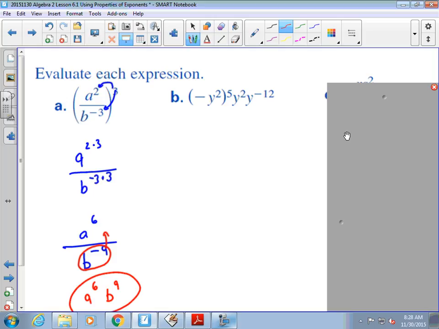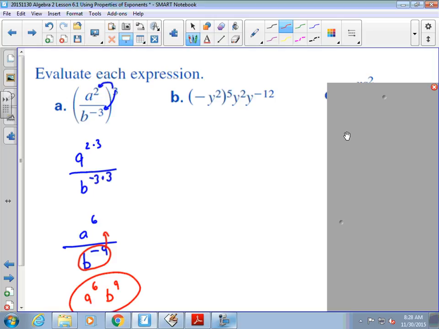Take 30 seconds on that one. Negative y squared to the 5th.